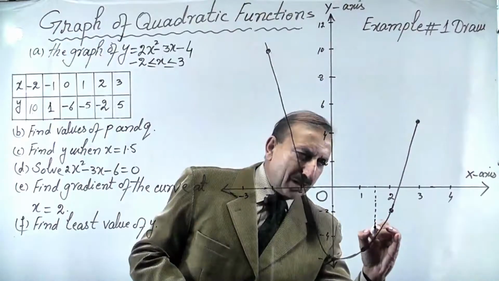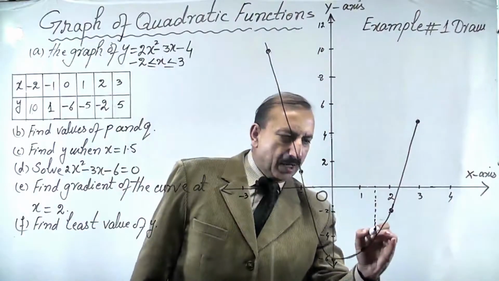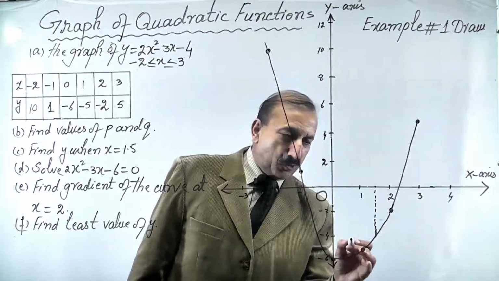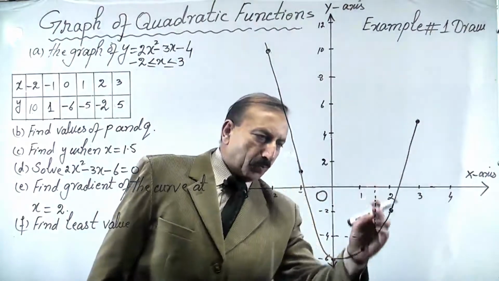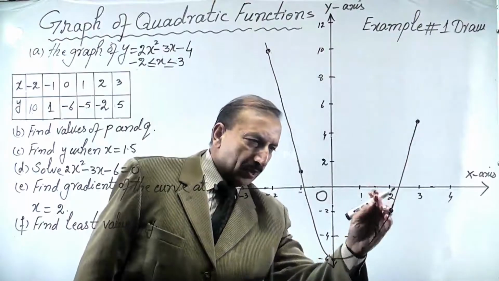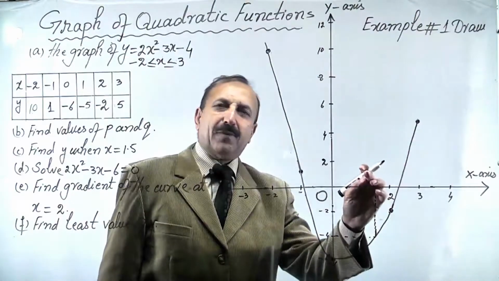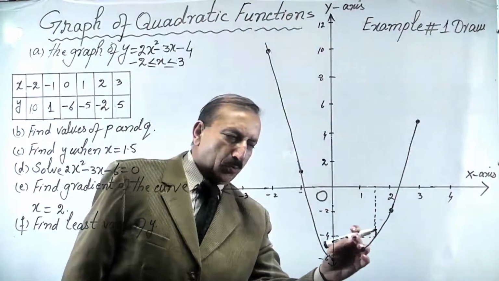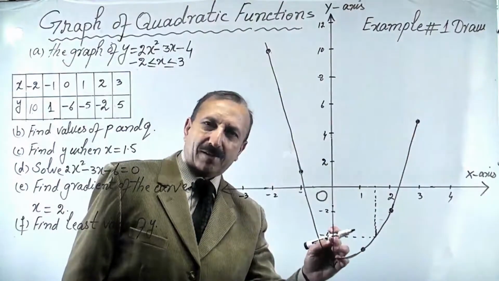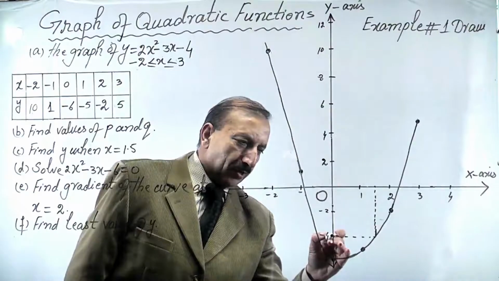You will draw a dotted line with the help of a ruler, and I'm drawing by my free hand, but you are supposed to do it with a ruler. At the point x is equal to 1.5, when they intersect the curve, then you are supposed to move towards the y-axis. Yes, here is your value.